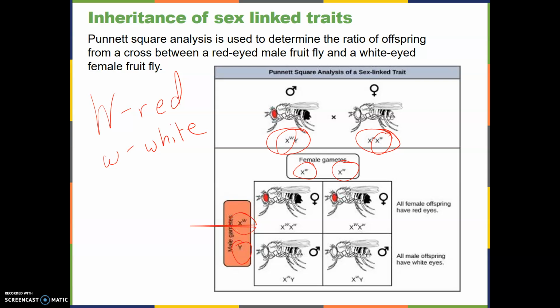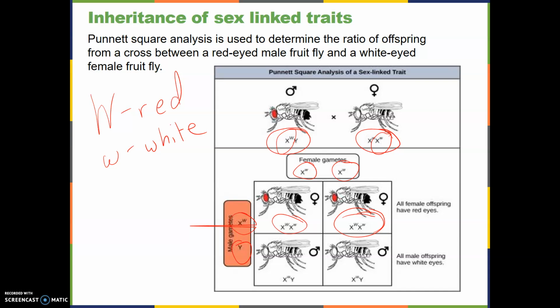And as you can see in the offspring, when you work a Punnett square problem, for the female offspring, both are going to have red eyes because they're both going to be heterozygous. The father can only give a big W, and the mother can only give a little w.